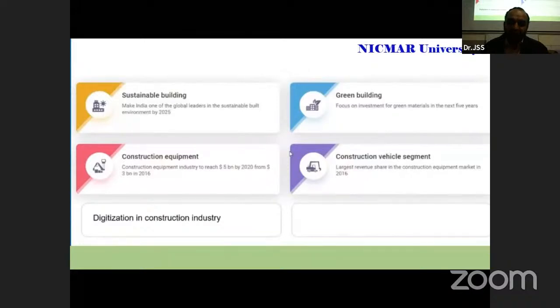So it is very important that the student fraternity and faculty members look into that aspect, and that it be improved in all institutions where civil engineering courses are taught. That is one important thing I want to highlight.